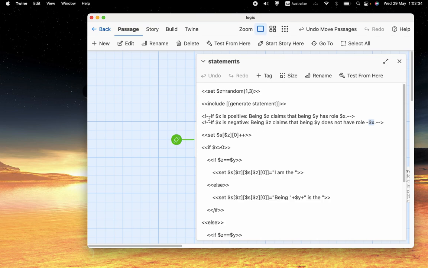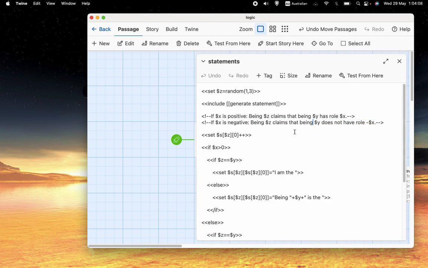So now, if X is positive, then it's being Z claiming that being Y has role X. And if it's negative, it's being Z claiming that being Y does not have role minus X. So for example, if Z was 2, Y was 1, and X was minus 2, then that would be being 2 claiming that being 1 does not have role minus 2.